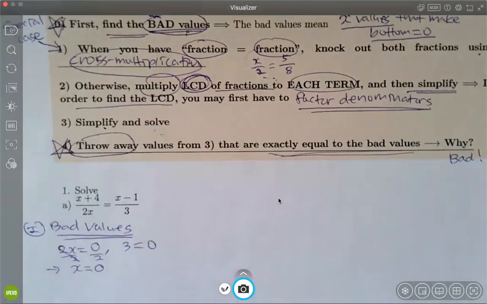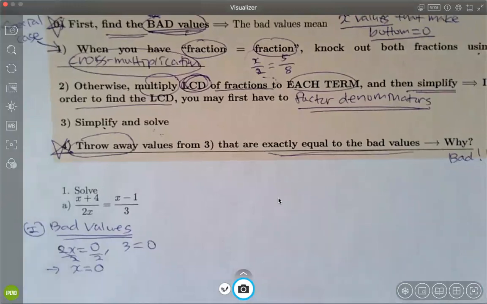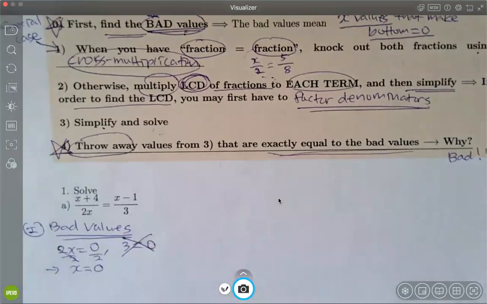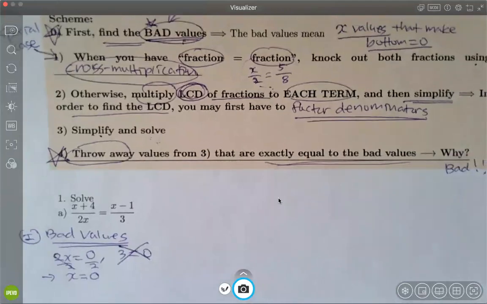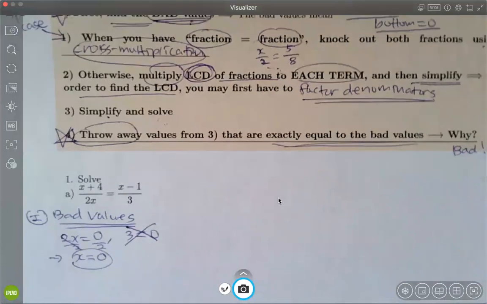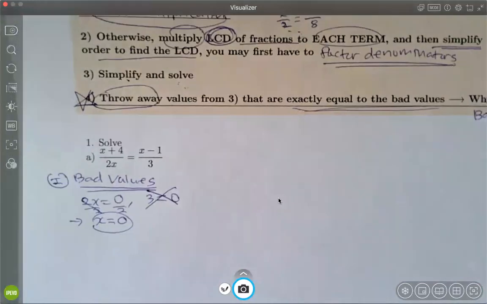No. This is just false, right? So what can you deduce? Never set a pure number denominator equal to 0 because it will be false. So only 0 is the bad value. Not 3 or even negative 3. So that's step number 1.